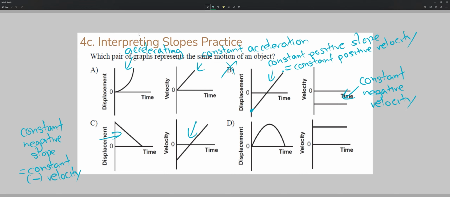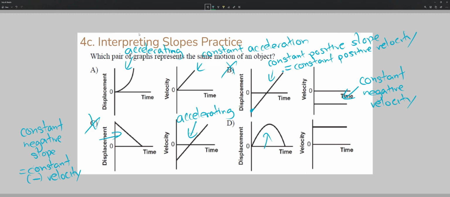But this VT graph here says that your velocity is changing, so you have a constant positive slope. That means my object here is accelerating, so this velocity is not constant. A constant velocity would be a straight line at a certain point, but it's not. So C is definitely not the answer.